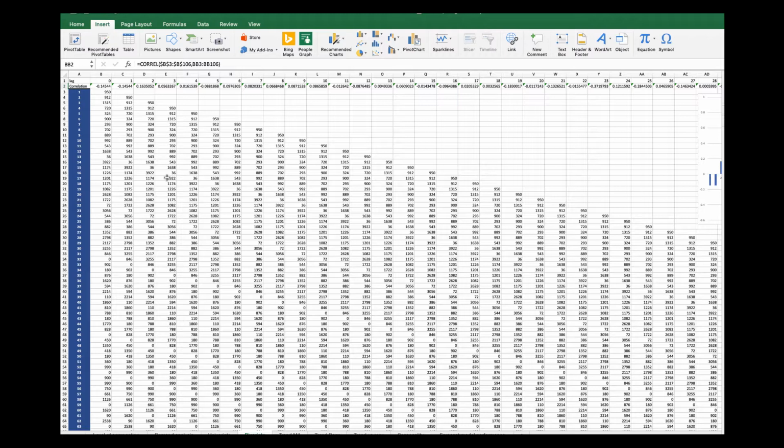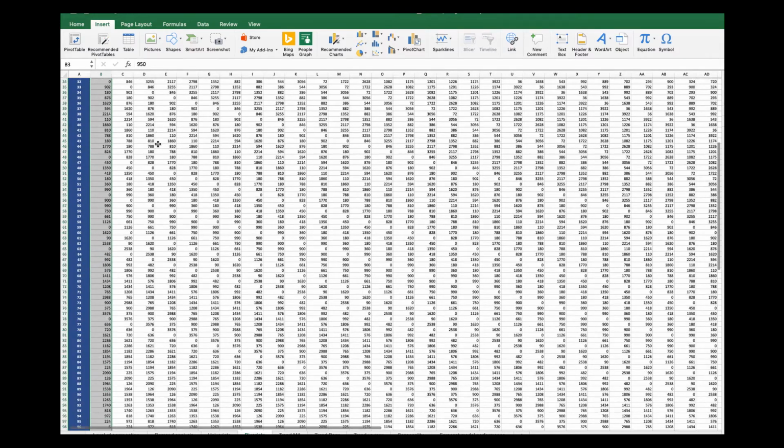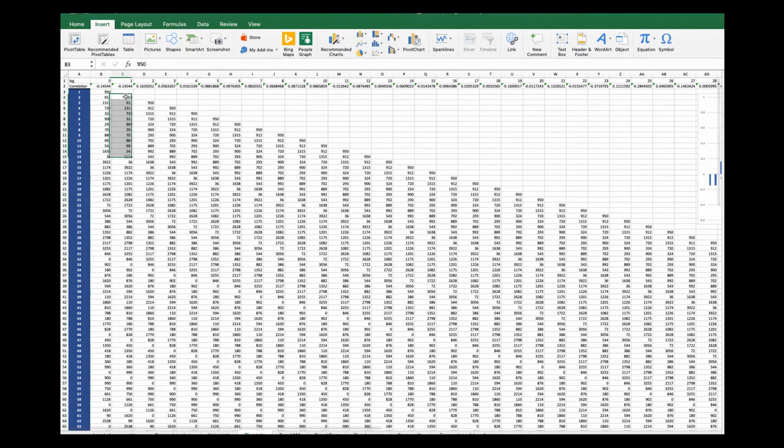Okay, what you have to do practically in Excel is simply copy the whole series and paste it, lagging it by one period. Then you use the correlation function.